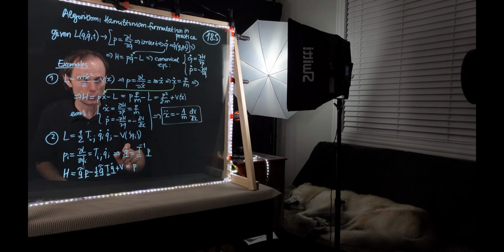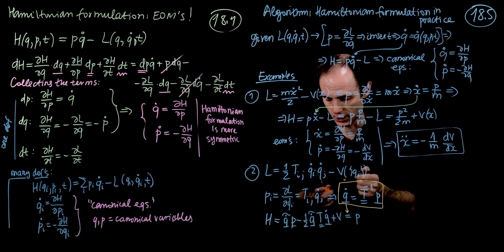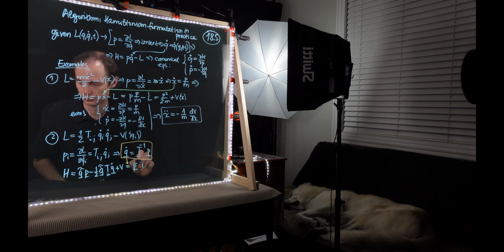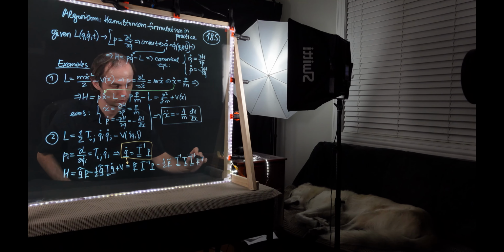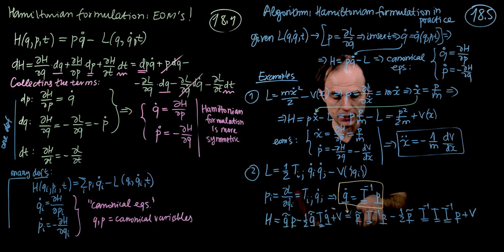Now we can use this expression for q dot and plug it in, so everywhere q dot appears, we use this expression for it. Let's go over what we just obtained. When we plug in T to the minus 1 times p over here, we get p tilde from tilting this whole expression.